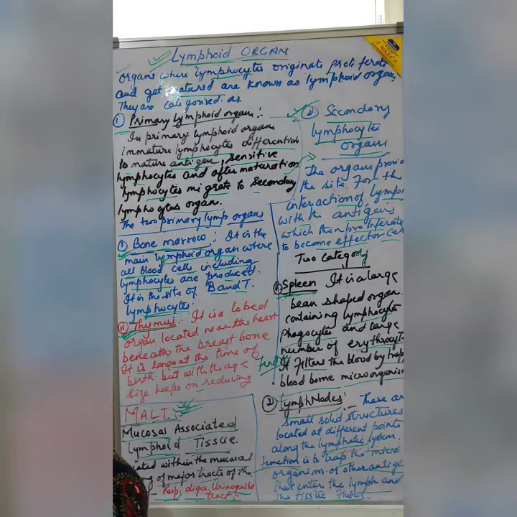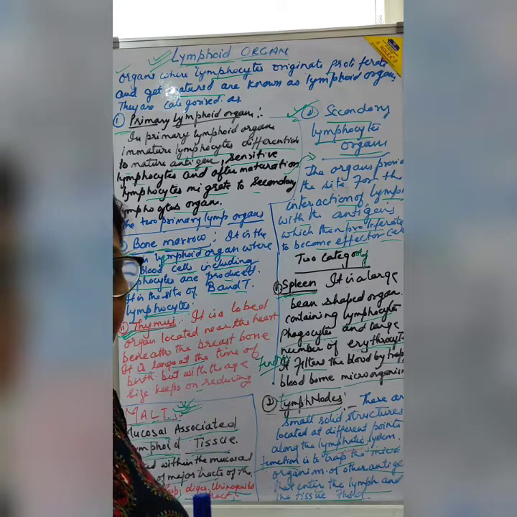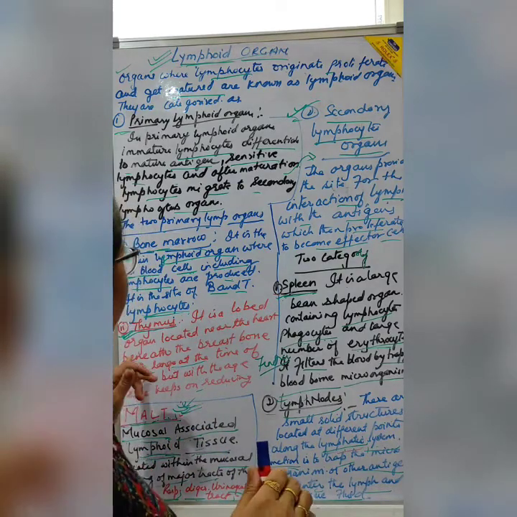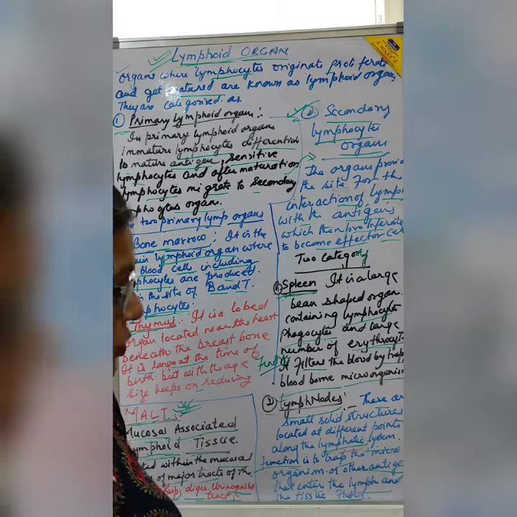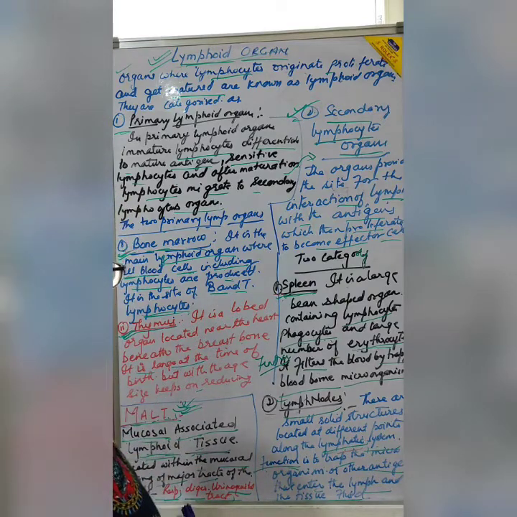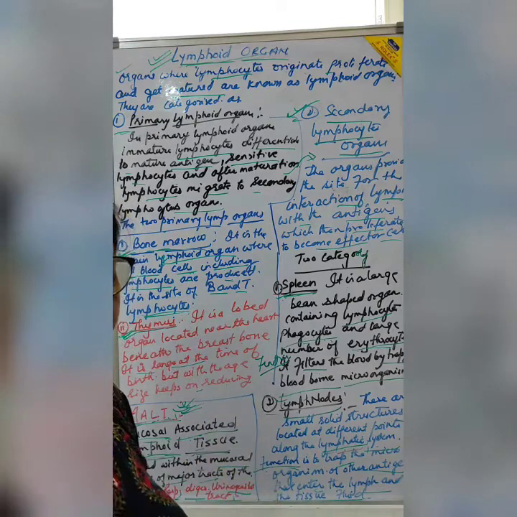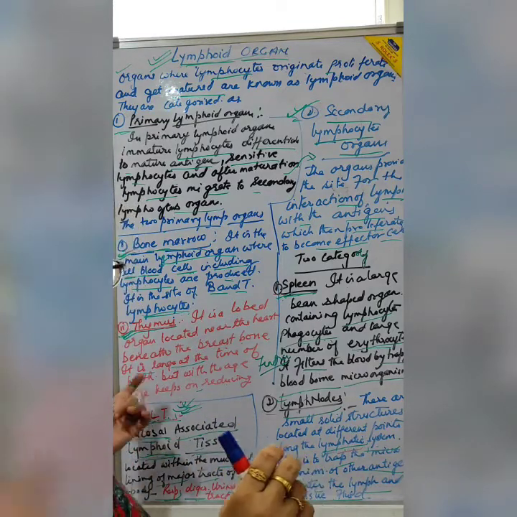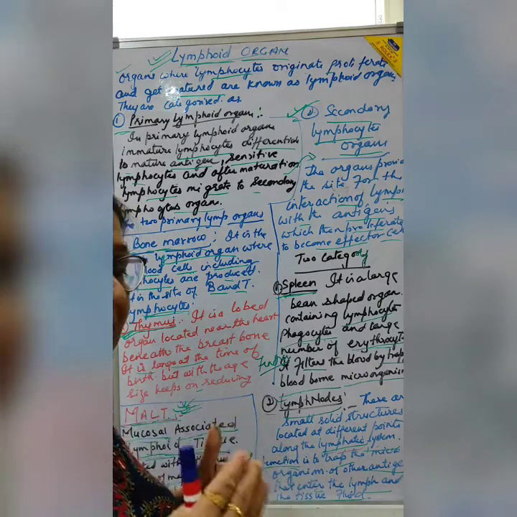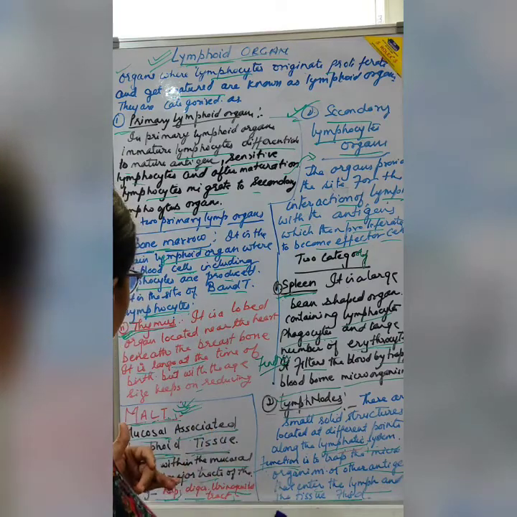It is the site of B and T lymphocytes. Next is thymus. It is a lobed organ located near the heart, below the breastbone. It is large at the time of birth, but with age the size gets reduced.